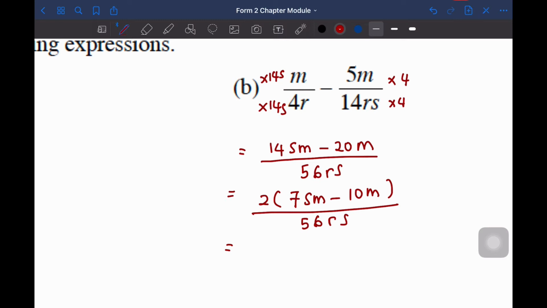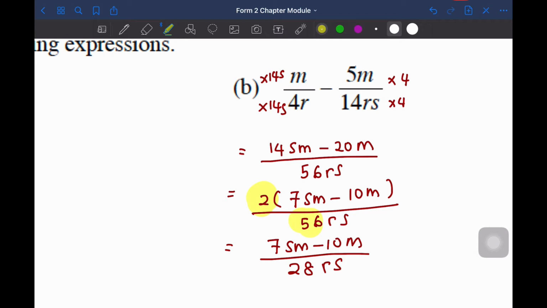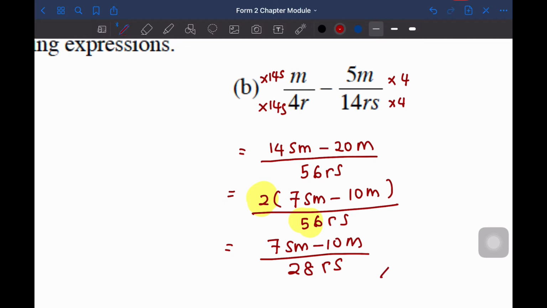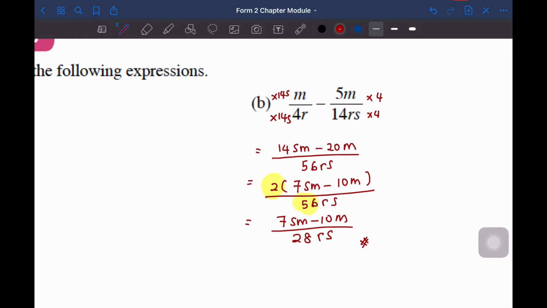So atas ni 1, so 7SM tolak 10M per bawah tadi awak akan dapat 28, so 28RS. Sebab awak kecilkan dia punya nombor ni sahaja, 2 bahagi 56, akan dapat 1 per 28. Sebenarnya dia macam ni lah, kurungan depan ni 1, tapi kalau 1 kita tak tulis. So this is our final answer.